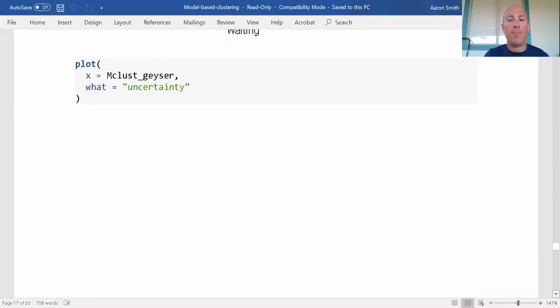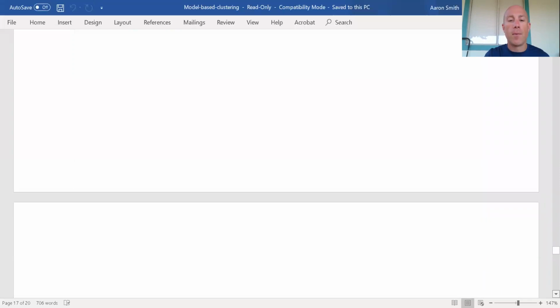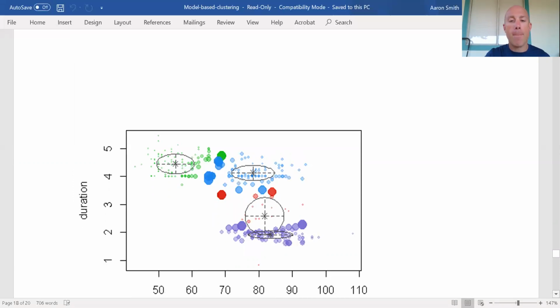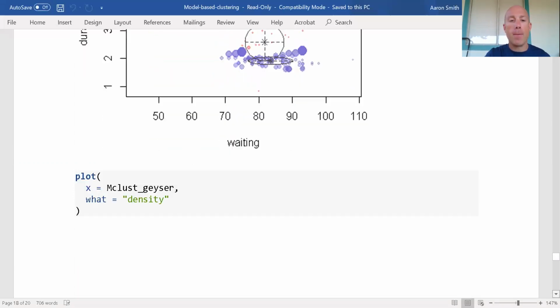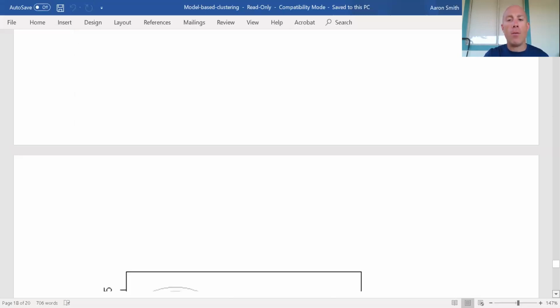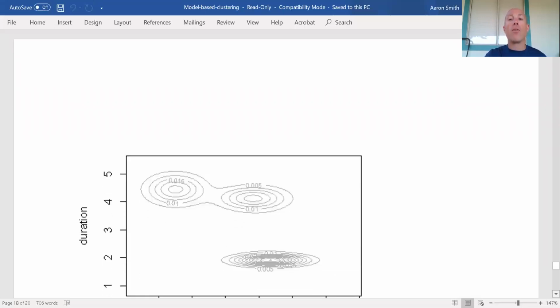Let's take a look at the uncertainty. Here we can see that it's not really certain about these points. Not 100% certain about these points or these ones. Now let's take a look at the density of each of these subpopulations. What's going on here?